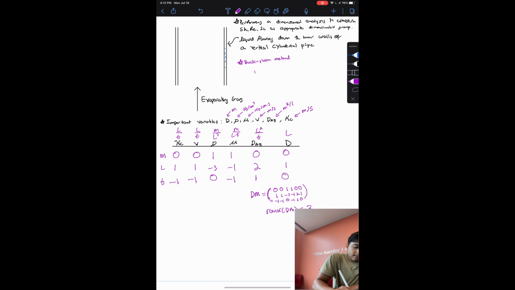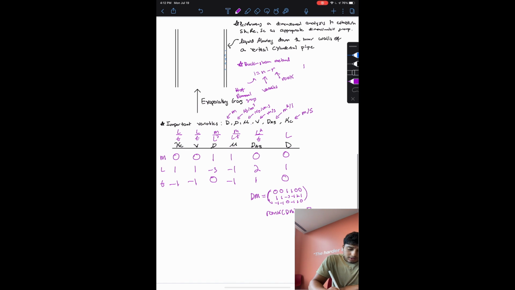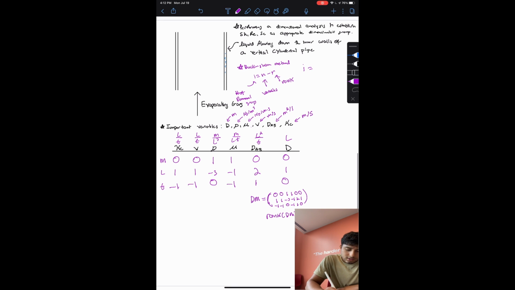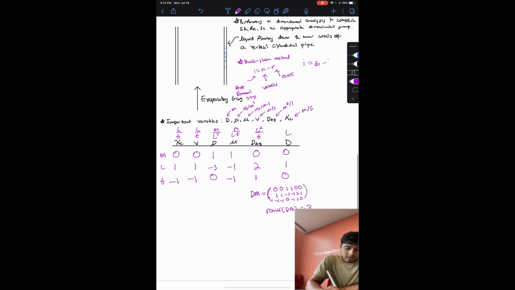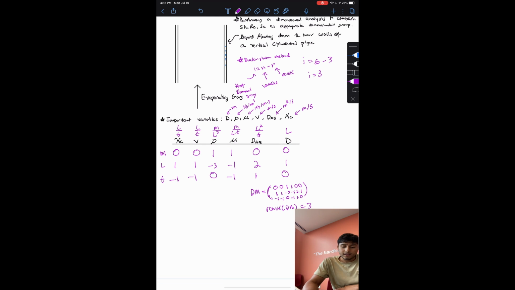So the formula for that is I equals n minus r, where I is the number of dimensional groups, n is the variables in the problem, and r is the rank from obtaining this dimensional matrix. So we're gonna plug everything in. We get 6 variables, 1, 2, 3, 4, 5, 6, and the rank, which was 3. So we get I equals 3, and that's important.